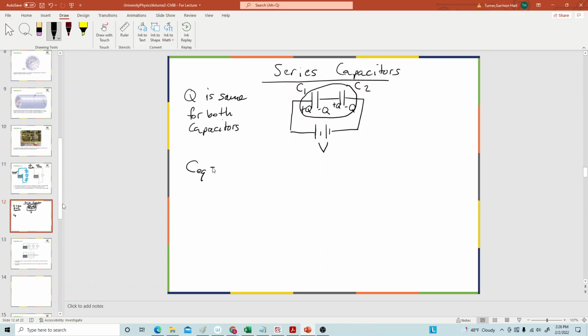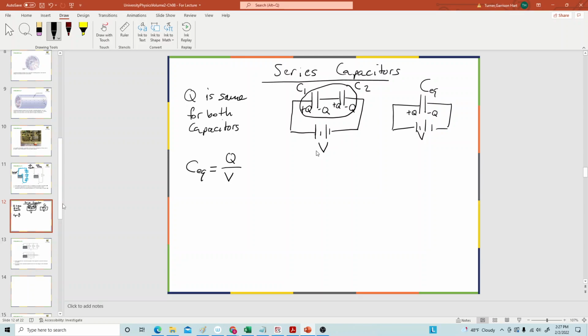The equivalent capacitance of the entire series is just the total charge that was moved divided by the voltage of the battery. This is the same thing as saying I have a single capacitor, and I would still move the same amount of charge, but the equivalent capacitance is going to be different than either of the two individual capacitors.